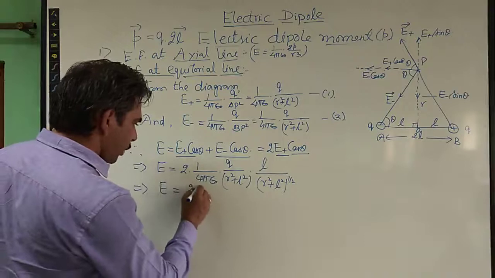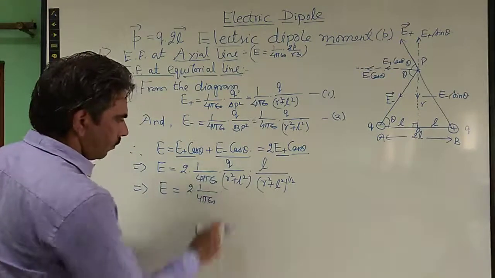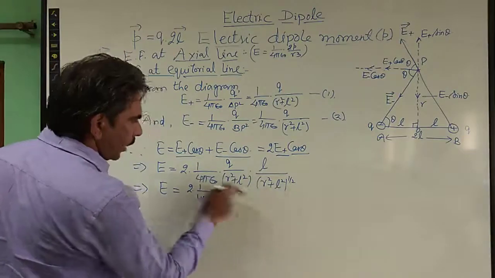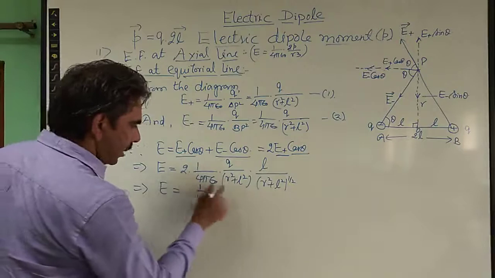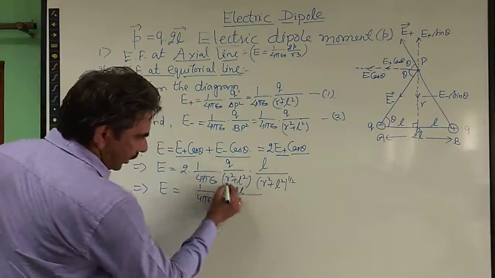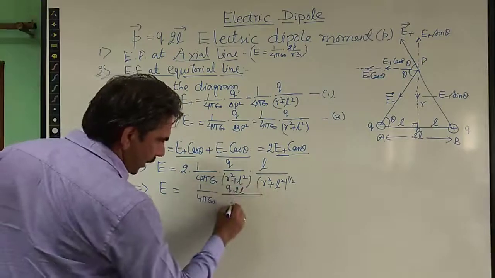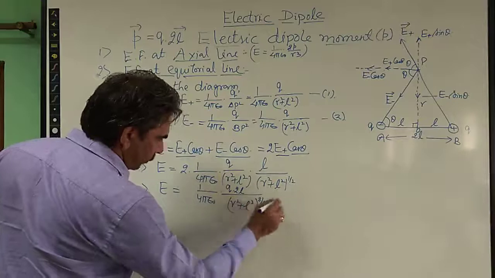E is equal to 2 into 1 upon 4 pi epsilon naught into, in the numerator, 2 into Q into L. So I can write it as Q into 2L simply, divided by, in the denominator, R square plus L square power 3 by 2.